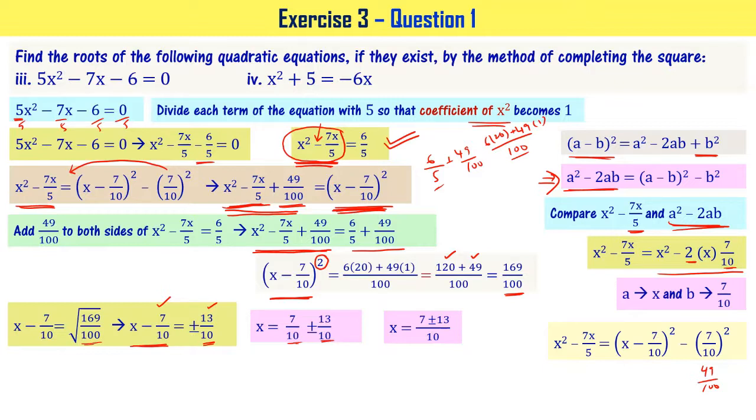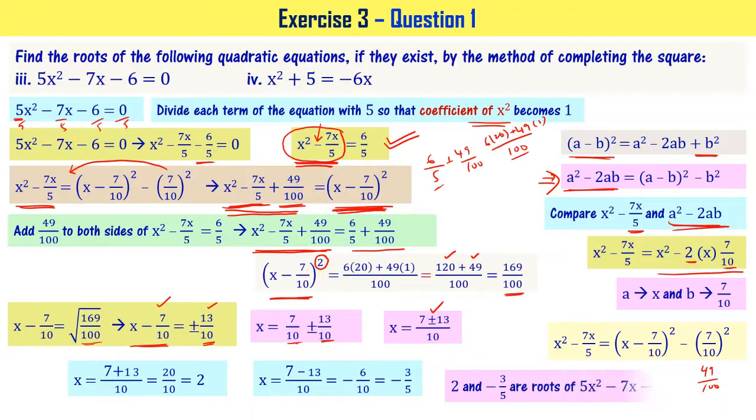When you take plus sign, x is going to be 7 plus 13 by 10, that is 20 by 10, that is equal to 2. When you take minus sign here, x is going to be 7 minus 13 divided by 10, that is going to be minus 6 by 10, that is equal to minus 3 by 5. So to answer the question, 2 and minus 3 by 5 are the roots of the given equation. Got it?